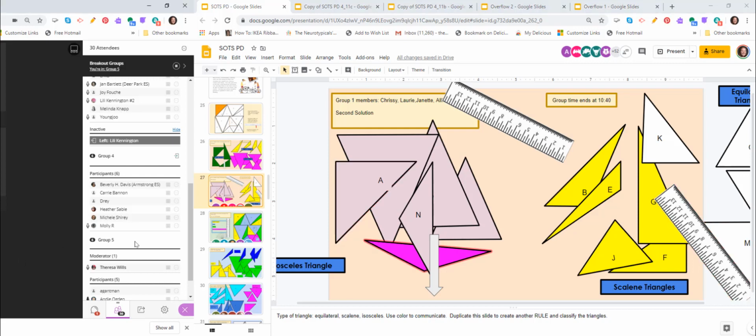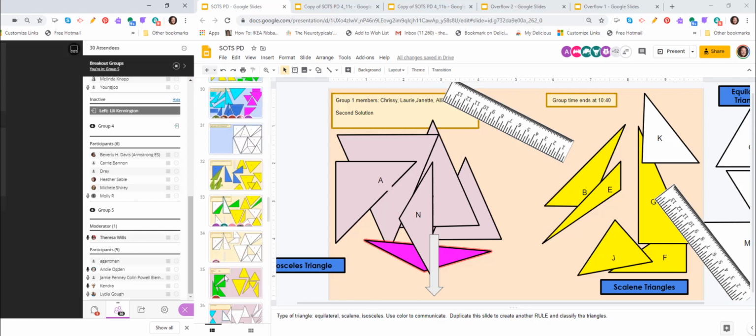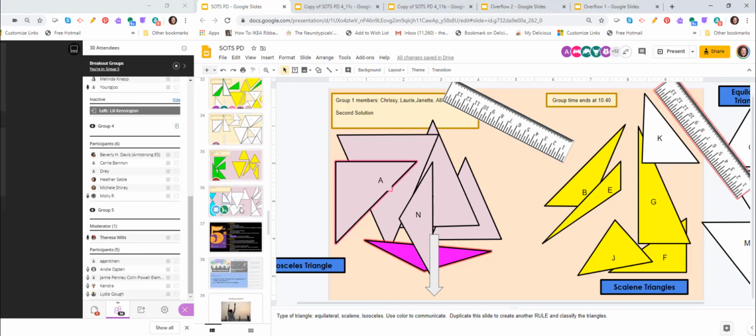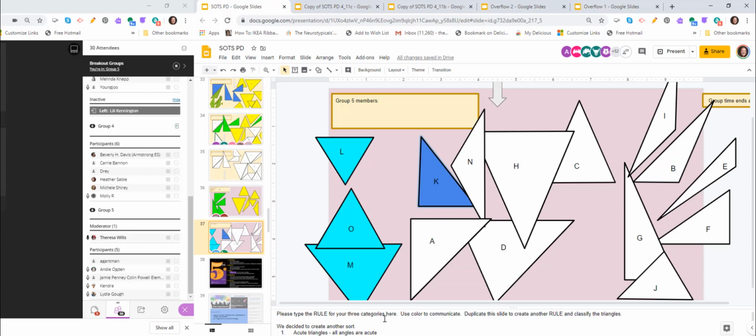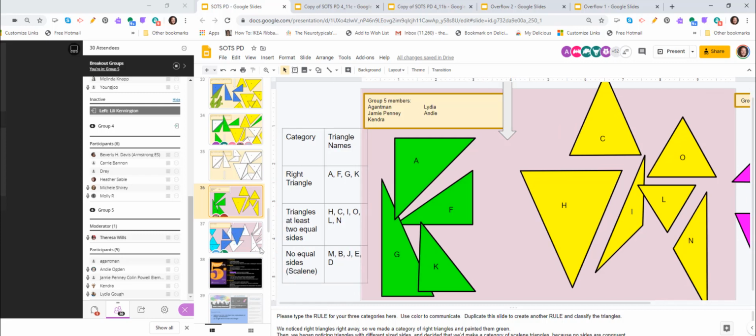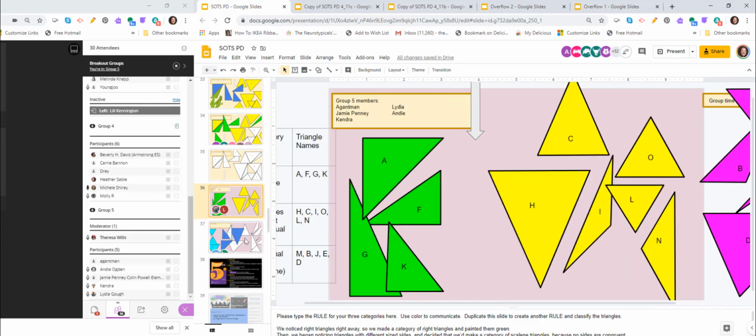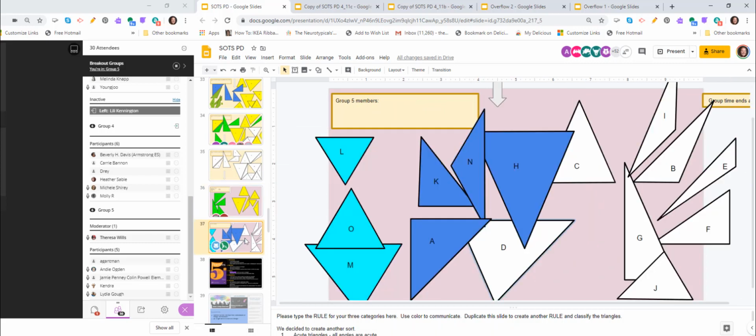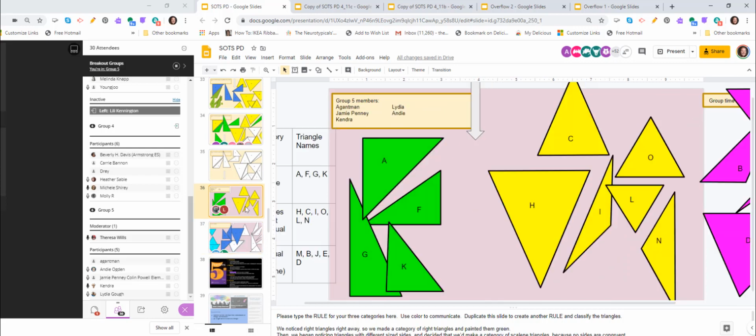Hi there, group. I am seeing some great stuff on your slides. It looks like you are looking at the angles in one of them, or actually, it looks like it's in both. Did it change in your second one? Yes, we started looking at sides in the second one. Cool.